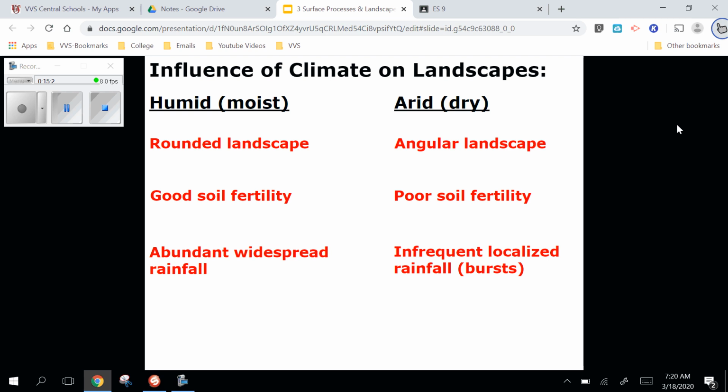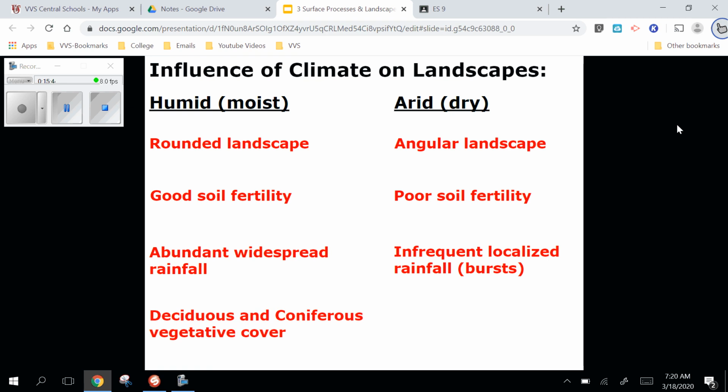Not to be morbid, but they have found bodies in these canyons after flash floods from storms that popped up. When they autopsied the body, they found out that the person died from drowning. They were in a desert canyon and they drowned because they got caught in this flash flood and they couldn't get out.